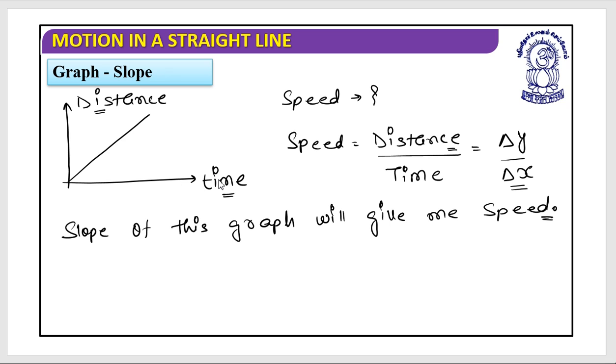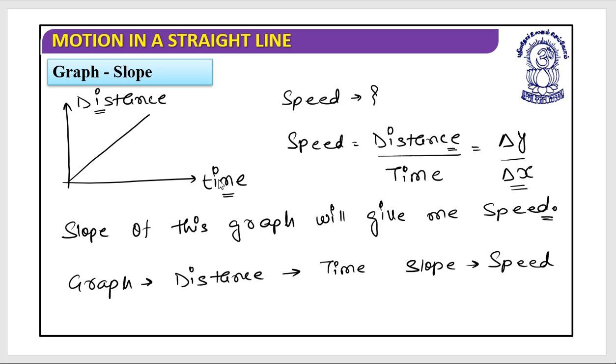Yes. So what I can write is if graph is of distance versus time, then its slope will be speed. In the same way, if graph will be of displacement versus time, then slope of that graph will be velocity.